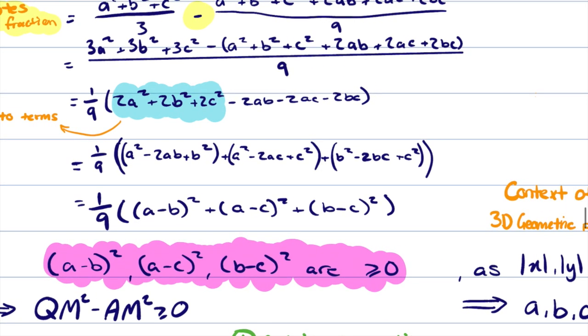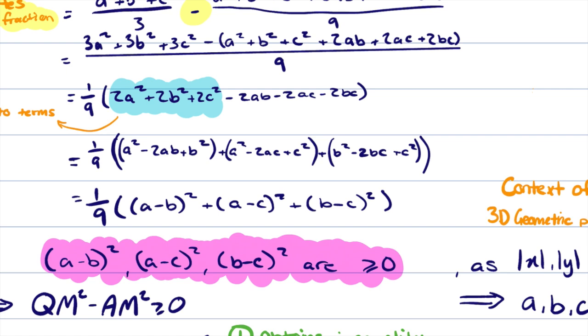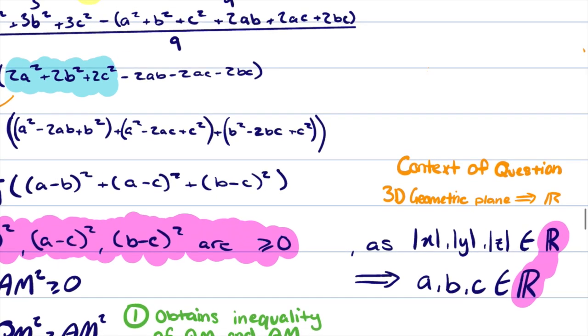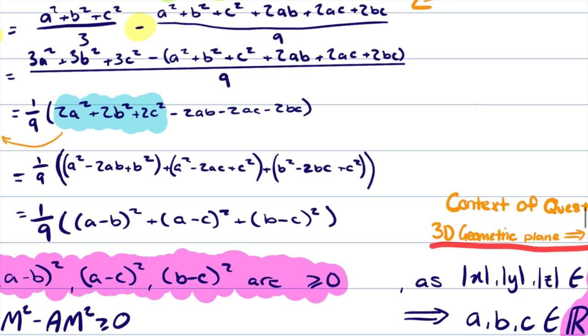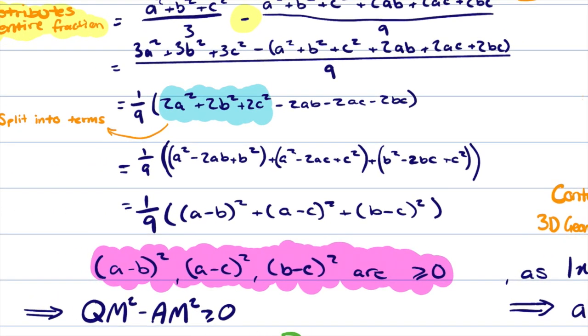From this, we know that A minus B all squared is going to be positive, as well as A minus C and B minus C all squared are also going to be positive. We know this because we're dealing with a geometric plane which deals with the real number system, and any number squared is inherently positive.